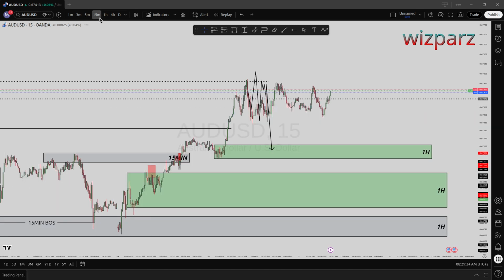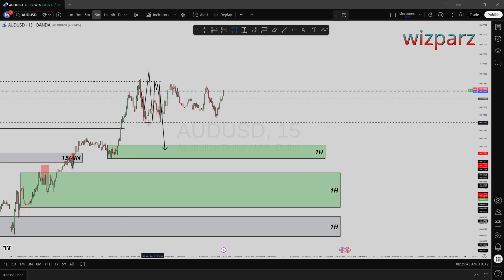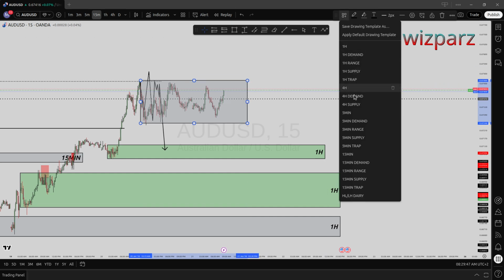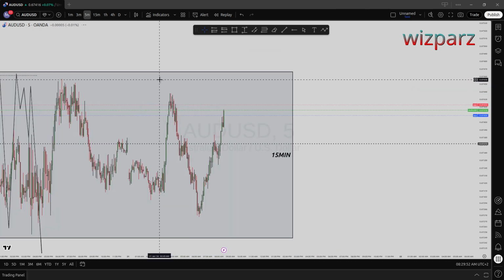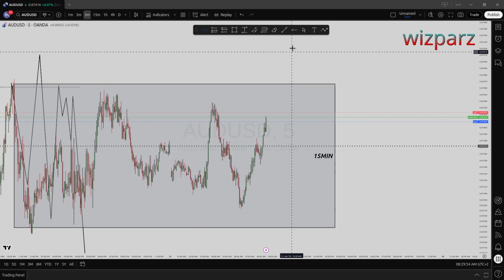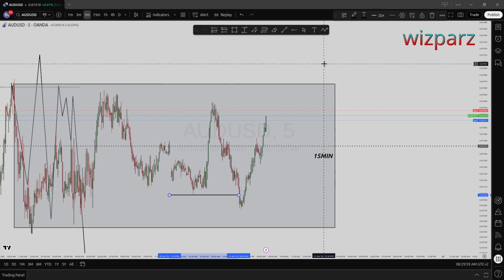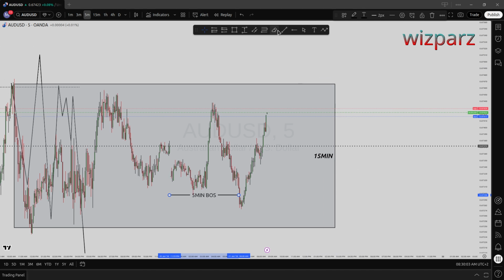If we go to the 15-minute time frame, you can clearly see that we have only consolidation. If we scale to the 5-minute time frame, you can clearly see that we have a 5-minute trend to the downside. Right now what I am expecting is for price to hold.